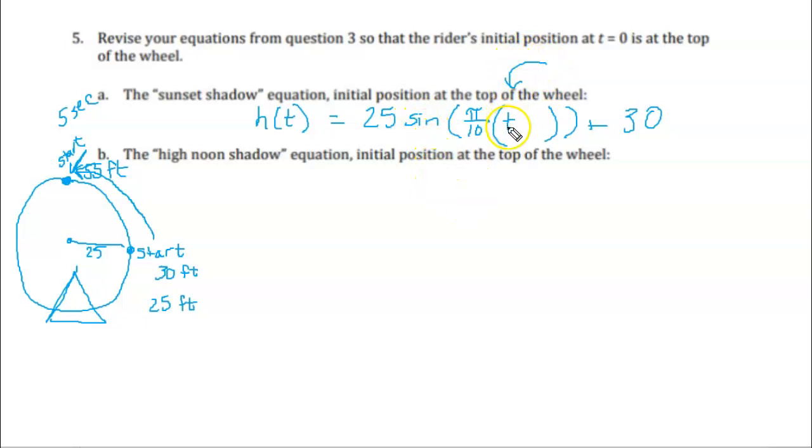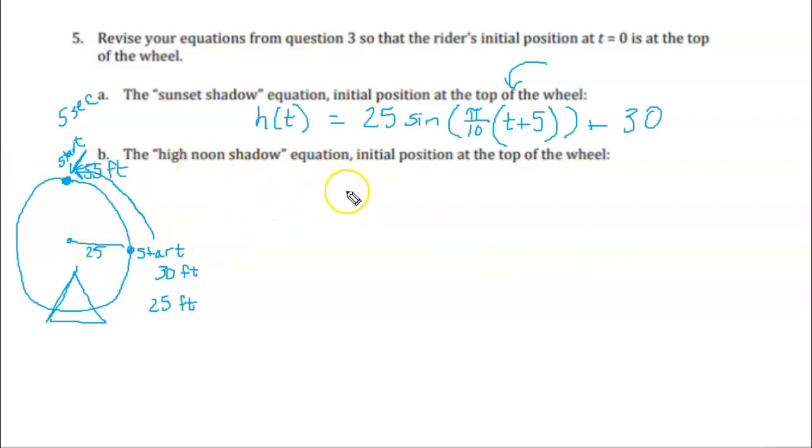If I plug in 0 for my time, my starting time, that's great. That's just not the number I want to take sine of. I want to take the sine of the 5-second mark. So I'm going to add 5 to it. So my input number will be 0, but what I actually take sine of is going to be 5 seconds, which is going to give me that same output that I had at 5 seconds before.